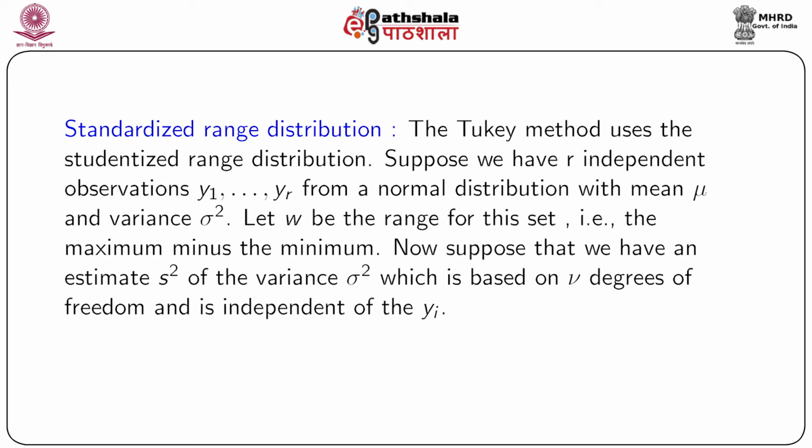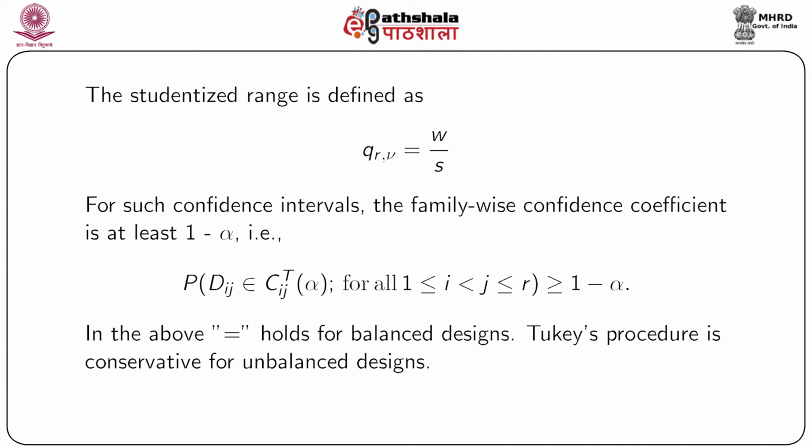So let us see what this has to say. The Tukey method uses the studentized range distribution, which can be described as follows. Suppose we have r independent observations y1, y2, ..., yr from a normal distribution with mean mu and variance sigma square.